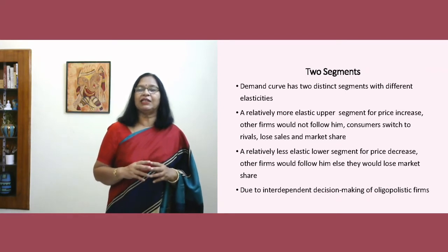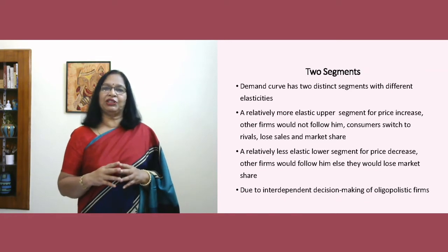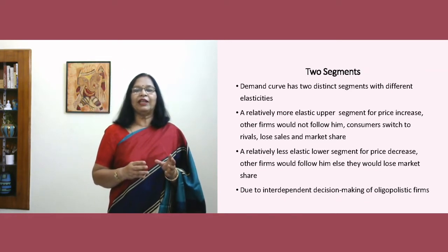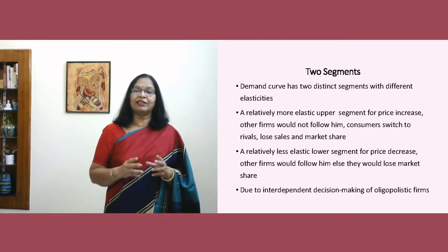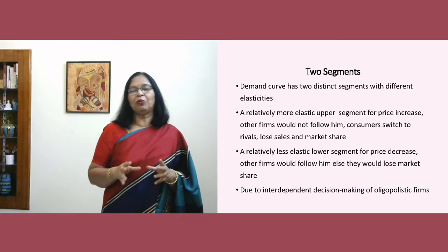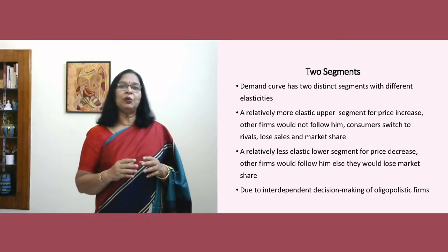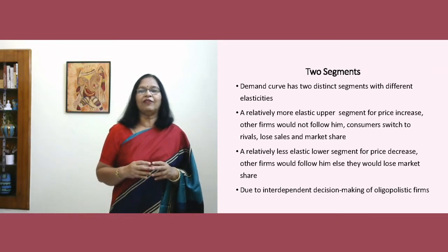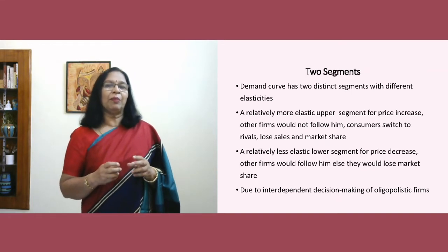Remember, elasticity is the responsiveness of demand to a change in price. The top segment shows that a change in price will bring about a big change in the quantity demanded, whereas the lower portion shows relatively inelastic demand, indicating that if the price is reduced, the quantity that responds is much smaller.